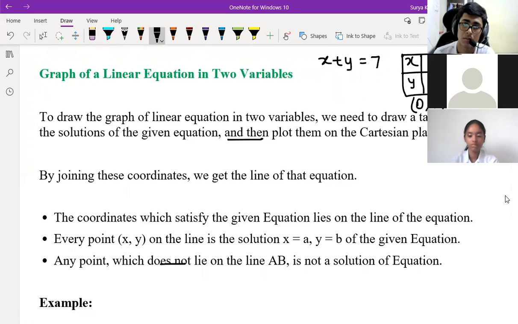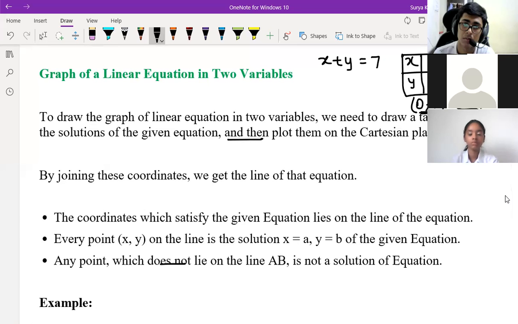If you are putting x is equal to 0, y is equal to 7. So (0, 7) is a point, this is a coordinate, right? Yes. And if you are putting y is equal to 0, you are getting x is equal to 7. So this is (7, 0). This is also a point. If you join both points, you will get one line. Is it clear, Sai Charan?